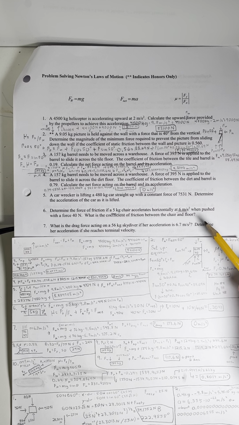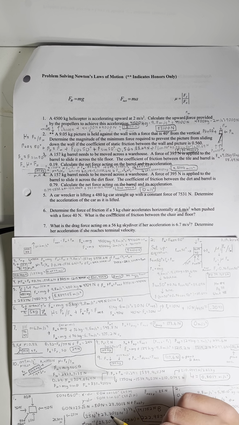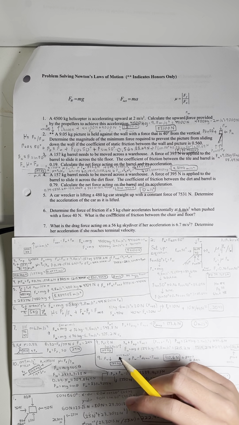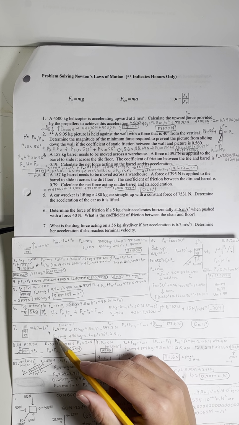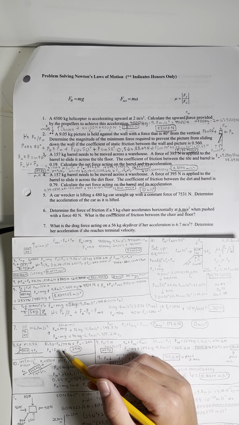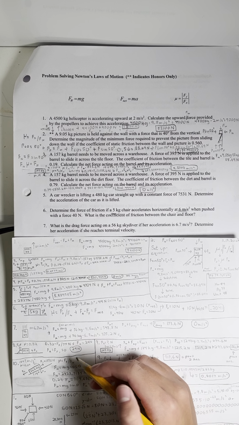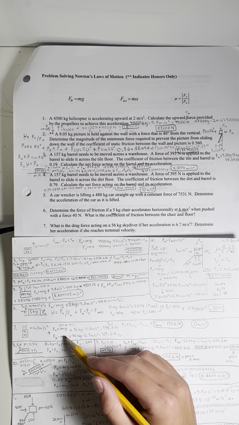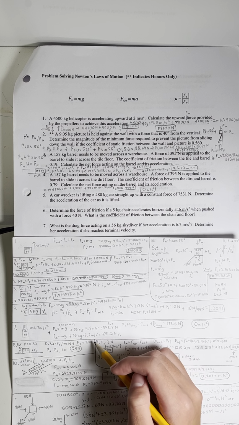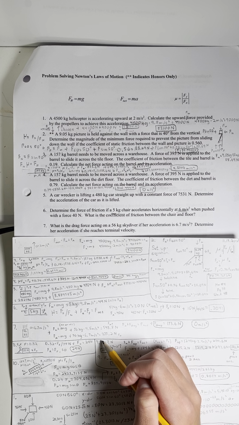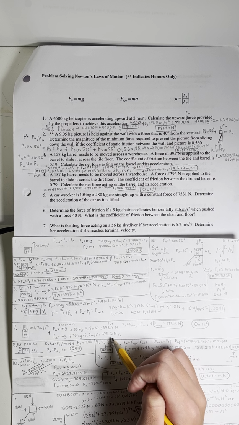But obviously, her acceleration is not 9.8 meters per second squared, and there is air resistance. So we find the force of her right now. Force applied equals, sorry, not mg, m times a. And 56 kilograms times 6.7 meters per second squared is 375.2 newtons.